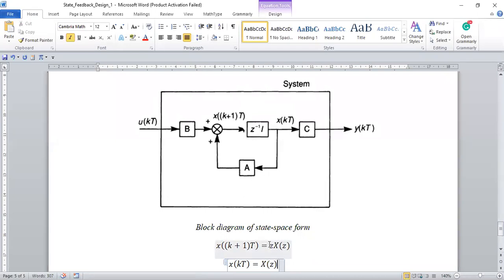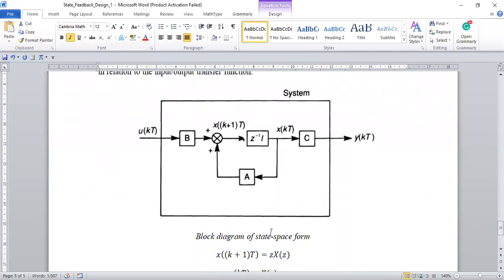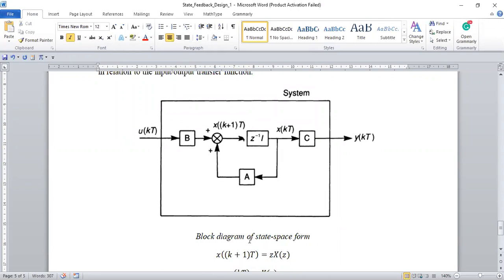So the relationship is, if here is x of z and here is x of z, so when you just divide what is coming here by z, that's z minus 1, you're going to get x of z. So that's why we have this relationship. So this relationship represents the block diagram of state space form of discrete time systems.